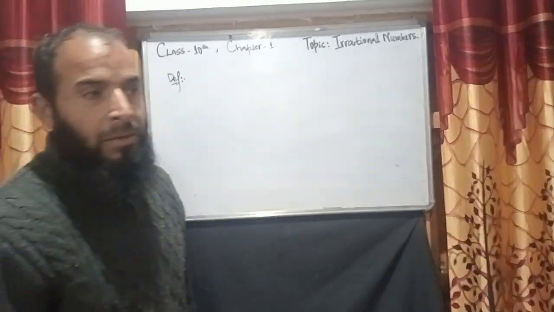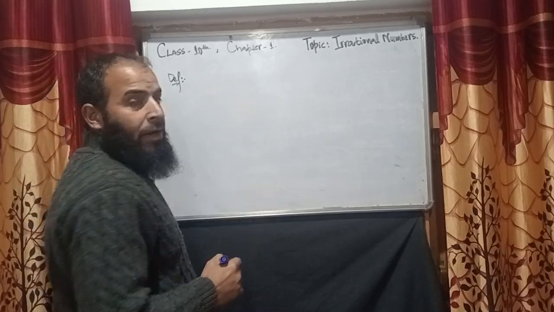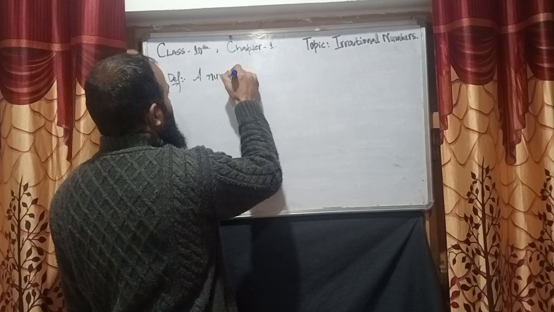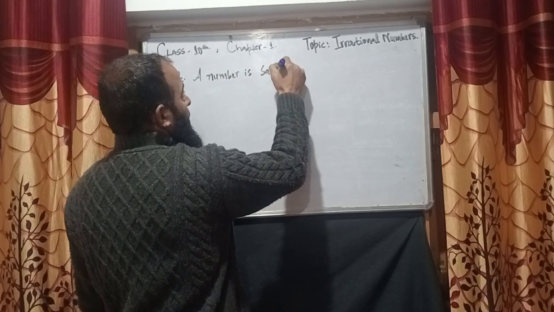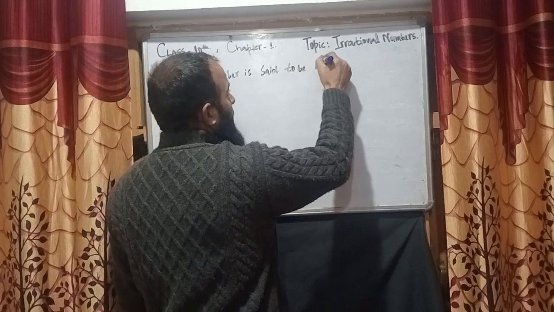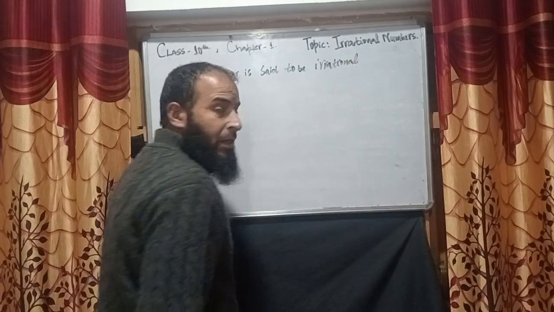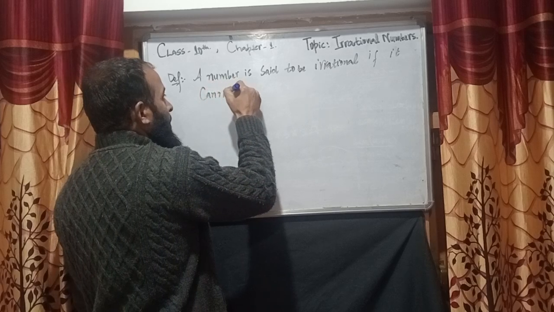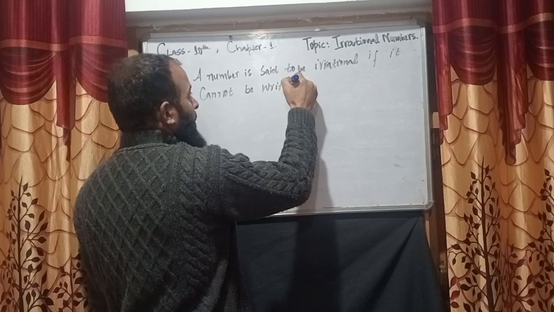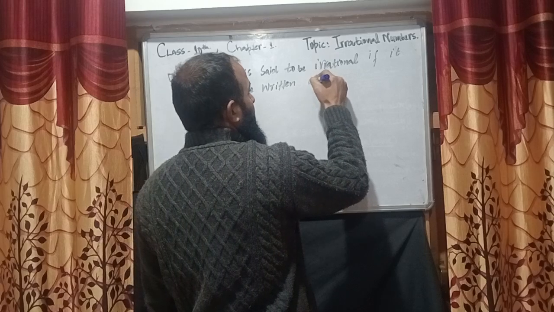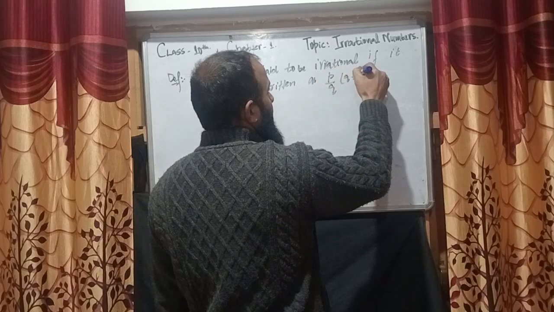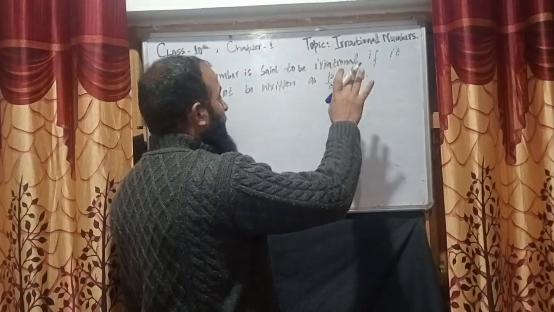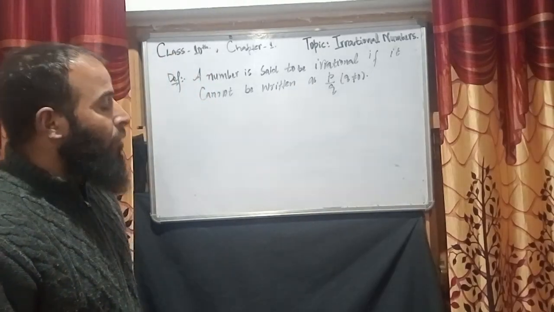If we see the definition of an irrational number, a number is said to be irrational if it cannot be written as p by q, where q is not equal to 0.